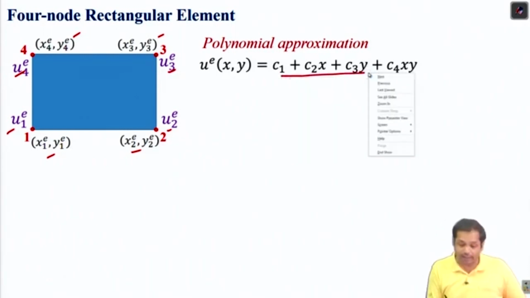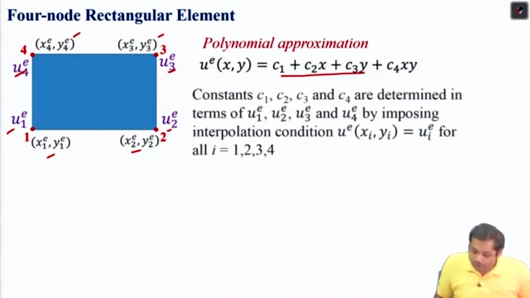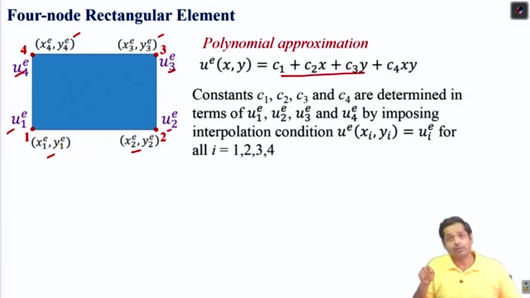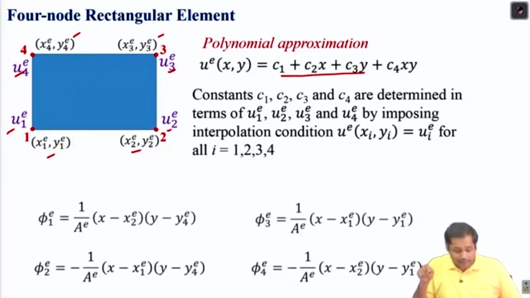Okay. Now the same steps: we have to satisfy this approximation at every node and determine the constants C1, C2, C3 and C4, and then if we do that, our final shape functions will be like this.